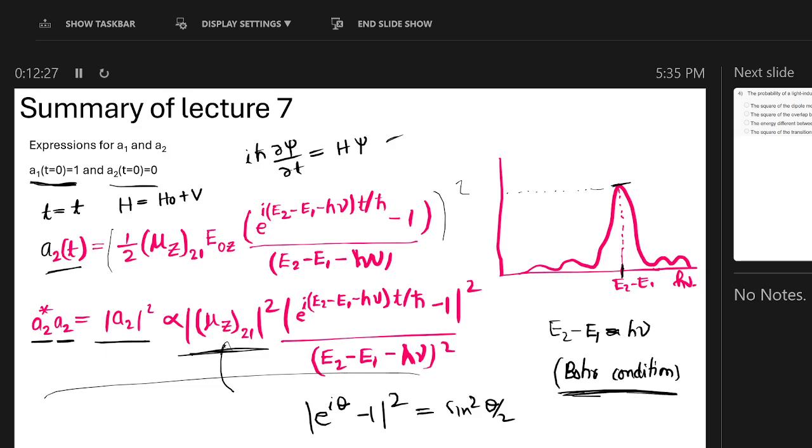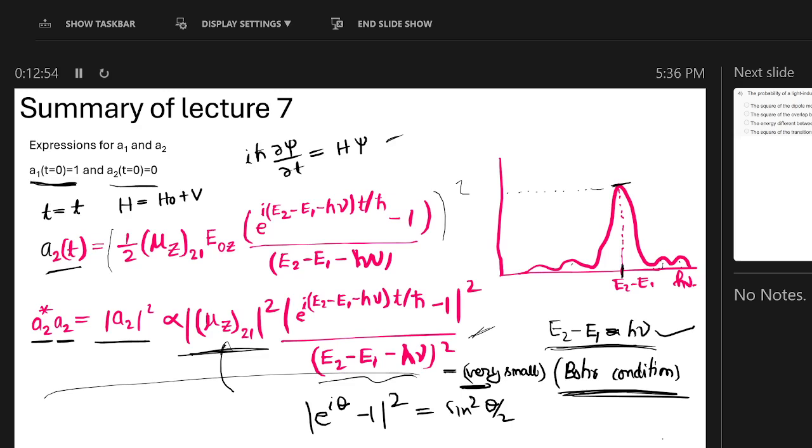At this condition only, the intensity will be maximum. When you deviate from this condition, this whole difference will be very small, correct? And when you divide by a very small number, you will get a very high number. That's why intensity is maximum at this condition. Any other point than this, you will have lower intensity, like you can see here.